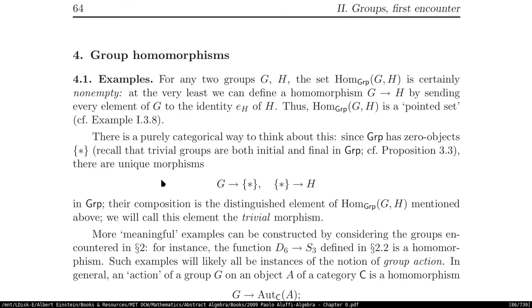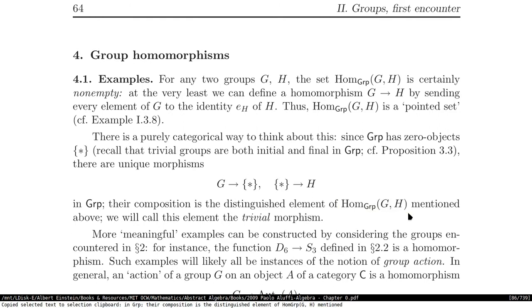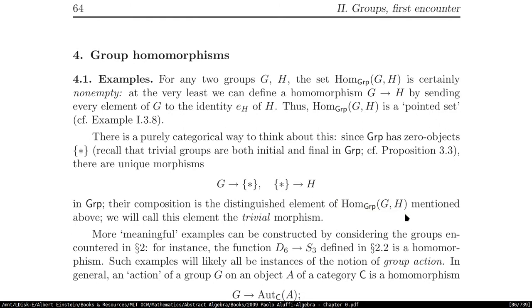So if you take the composition, it is going to be a unique distinguished element in the Hom set of the morphisms between these two objects, right? And this is the trivial morphism.